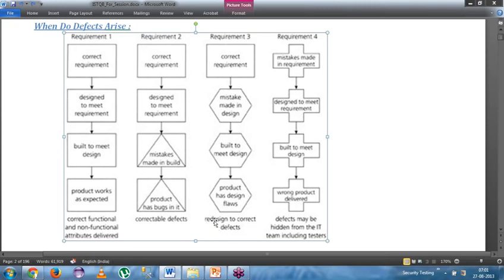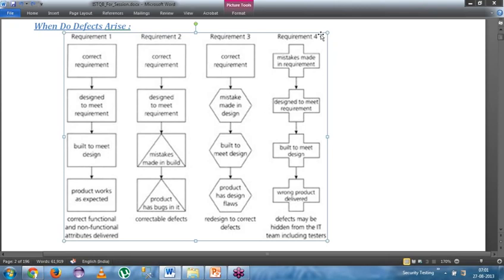So you have to change all the way from here. You have to redesign your mistakes, redesign your particular algorithm, whatever you have done, to correct the defects, and then you have to build it, and then you have to test it. It can be due to any number of factors, the functional problem or non-functional problem. Here in particular we have made a mistake in design.